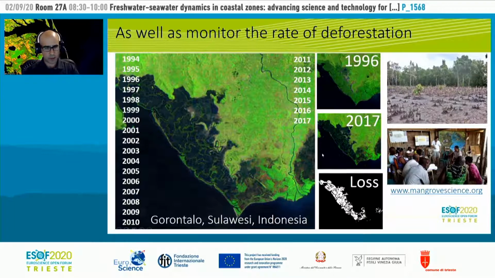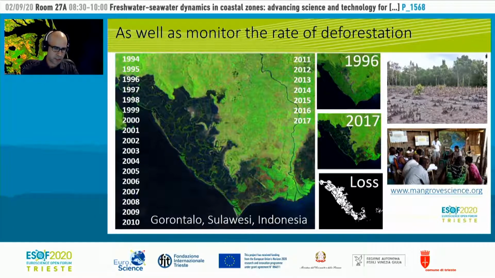And as Ralph mentioned, we're looking at this land use change. If you remove your mangrove forest, you lose this buffering capacity along the coast that's keeping the ocean at bay, or keeping it out from the terrestrial areas.